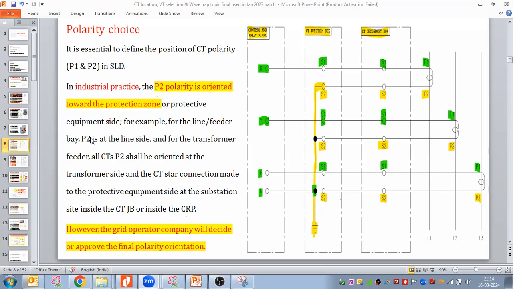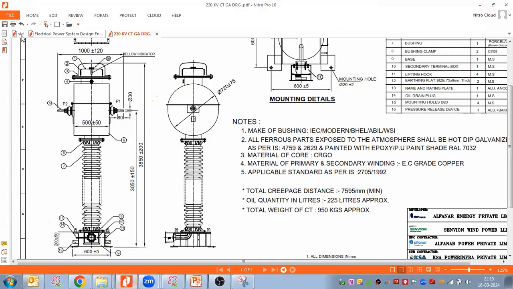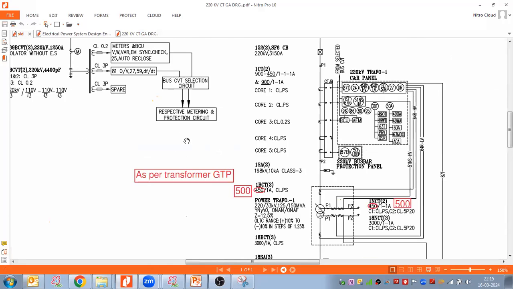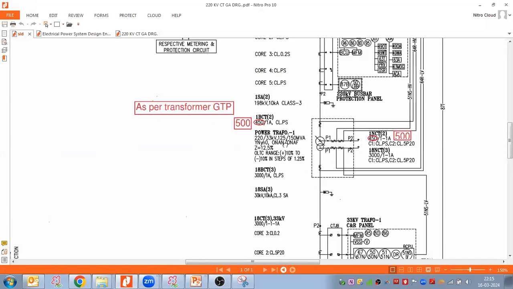So P2 will be at the line side, and for the transformer feeder bay, all CTs, why I'm telling, because in the transformer bay, I will have the HVCT, LVCT, and neutral CT, right? For the transformer, we have CT, right?